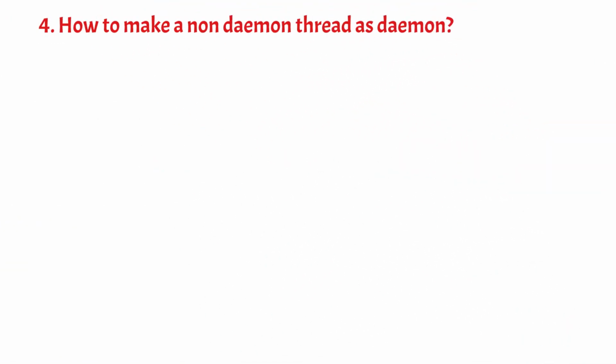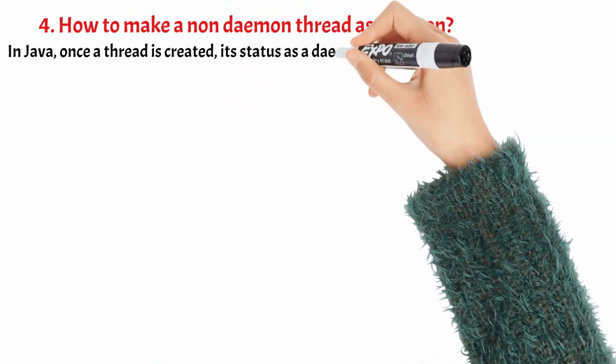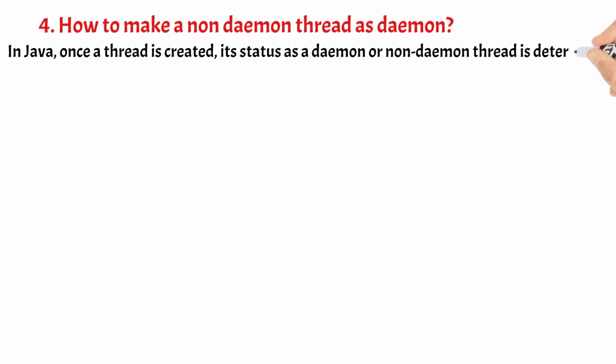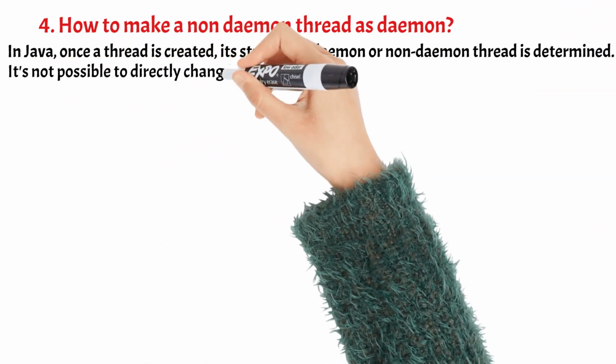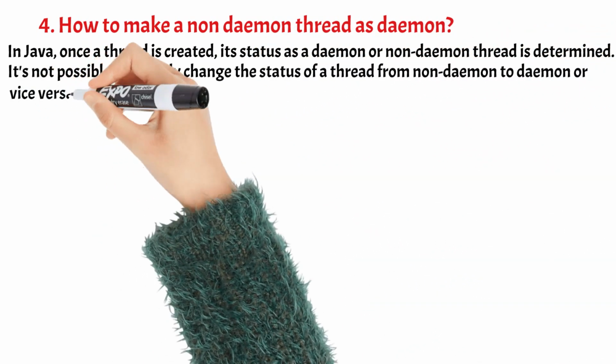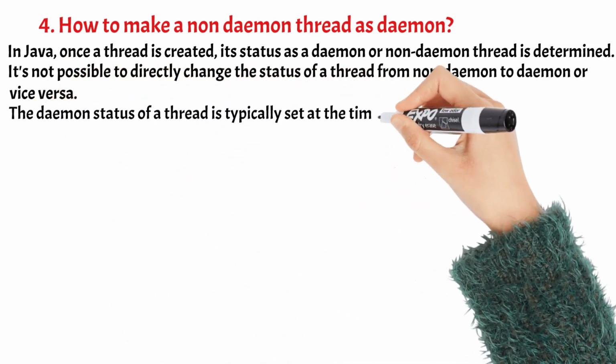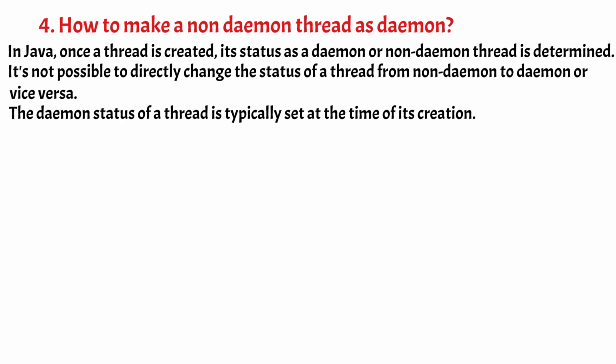4. How to make a non-daemon thread a daemon? In Java, once a thread is created, its status as a daemon or non-daemon thread is determined. It's not possible to directly change the status of a thread from non-daemon to daemon or vice versa. The daemon status of a thread is typically set at the time of its creation.